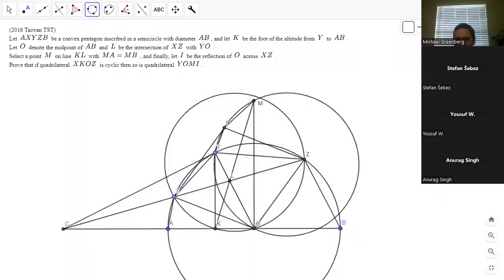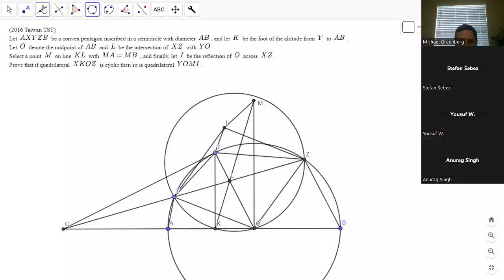Since L lies on the intersection of YO and KM, we can consider a point, let's say J. Have we used J in here?